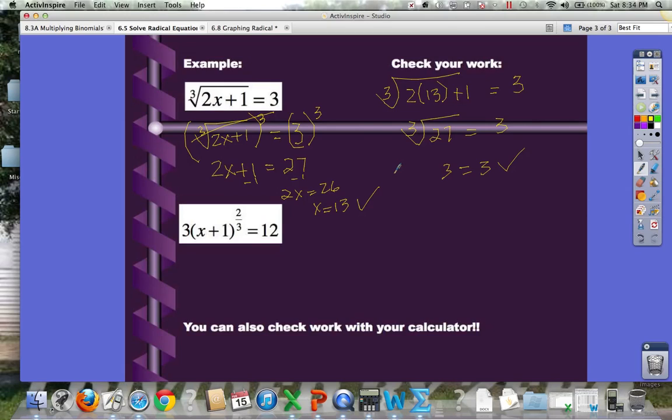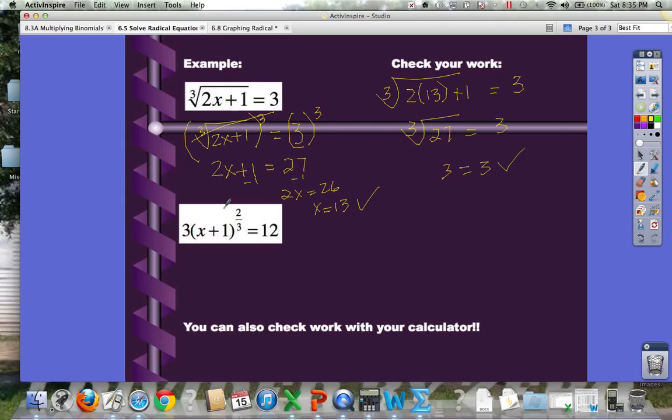Okay? All right. Now, this one is not in radical form, but you can treat it similarly, but you're going to get rid of your exponents first. So what you're going to want to do, you still have to get rid of this 3 first. You want to isolate the parentheses or whatever the grouping symbol is that you have.